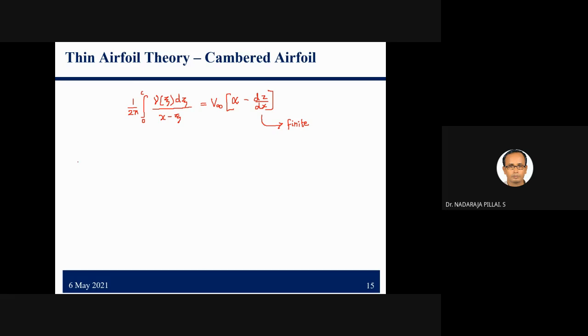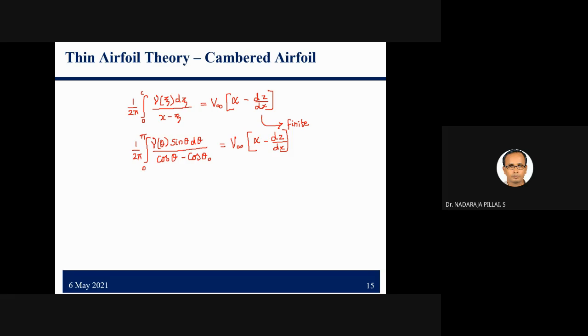So I will transform this into theta. Then we can write the same equation as 1 by 2 pi, integral 0 to pi, gamma of theta sin theta d theta by cos theta minus cos theta naught, is equal to V infinity into alpha minus dz by dx, right?